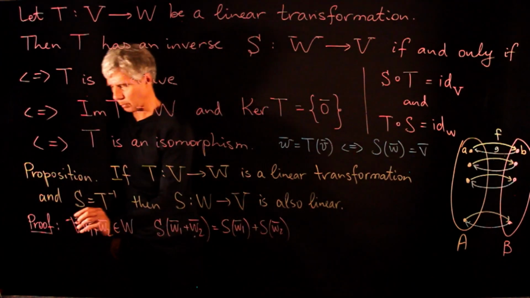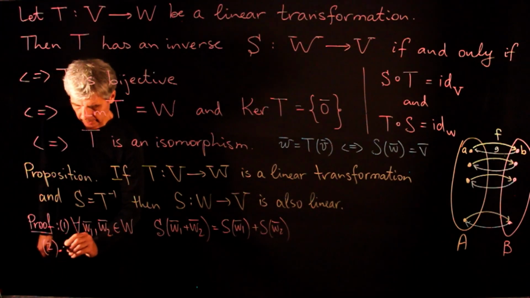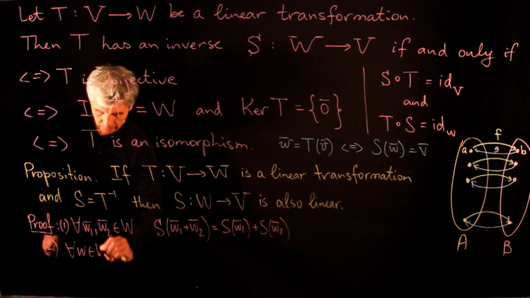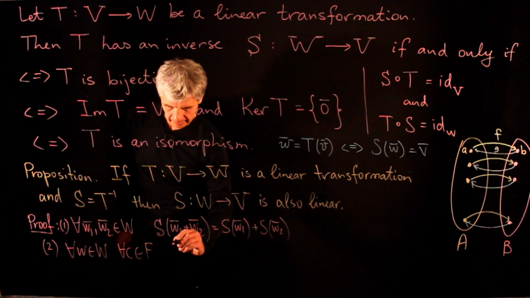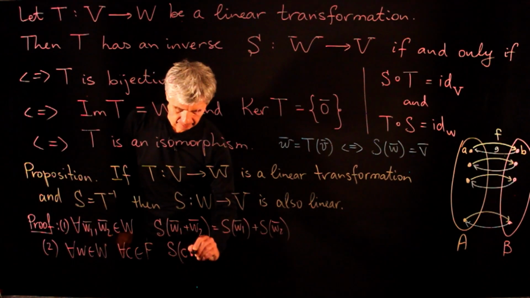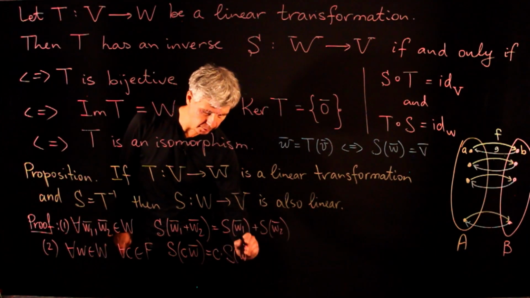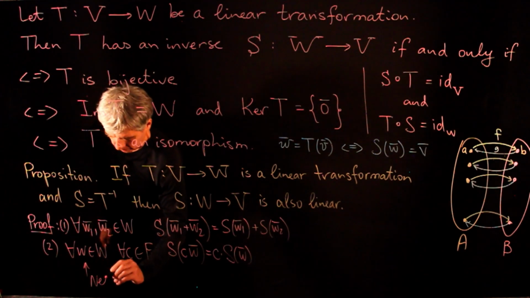Right, so this is property 1. And property 2 is that for all W in W and for all C in the field, S of C times W is equal to C times S of W. So this is what we need to prove.